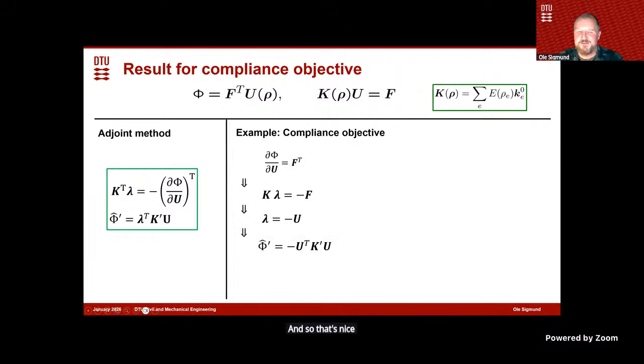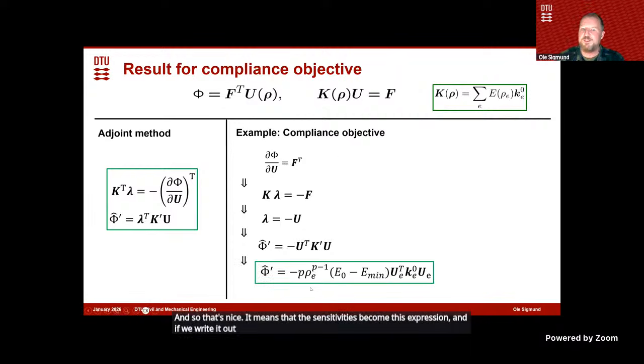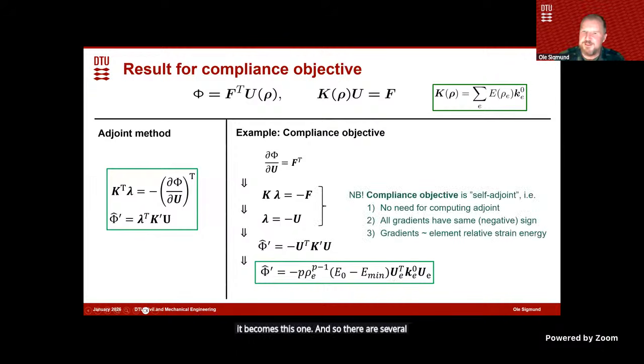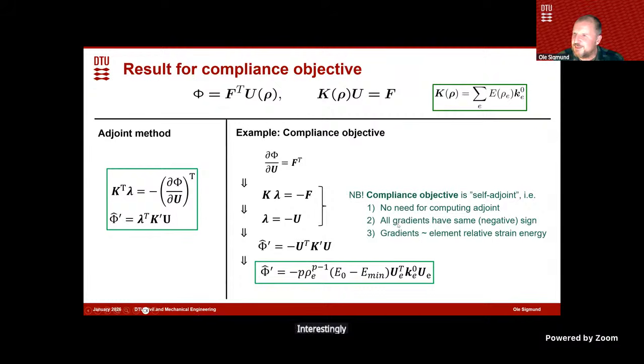It means that the sensitivities become this expression, and if we write it out for the SIMP interpolation, it becomes this one. And so there are several good things about this. Well, compliance objective is self-adjoint, so that means there's no need for computing the adjoint because the adjoint is just the original solution. Interestingly, all the gradients have the same negative sign. And third, this term we have here is essentially the element relative strain energy.